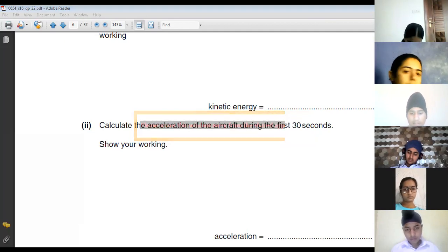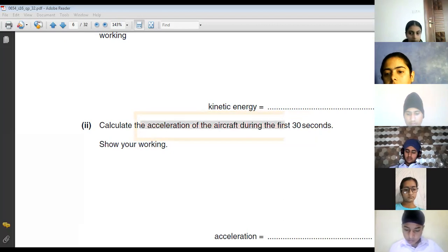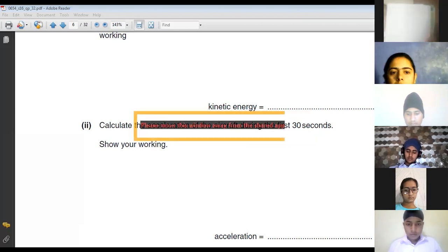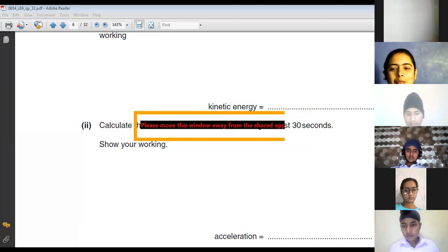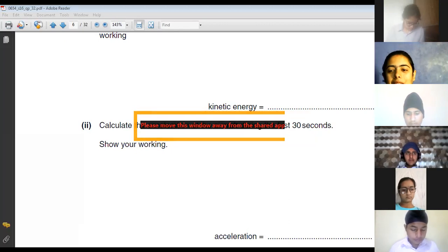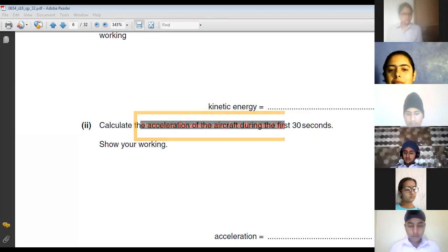Ma'am, 2 meter per second square. Okay, if you all are getting the same answer, so maybe. Yeah, I have not solved yet. Okay. Everyone try it out. Are you getting the same?